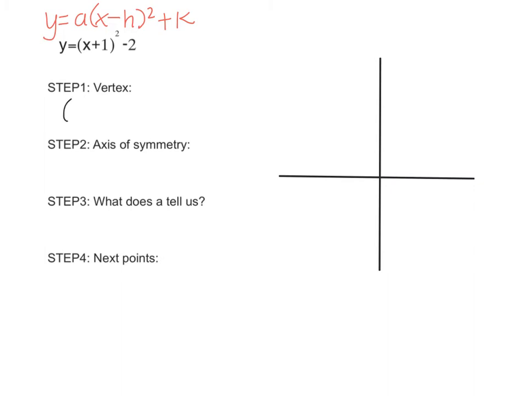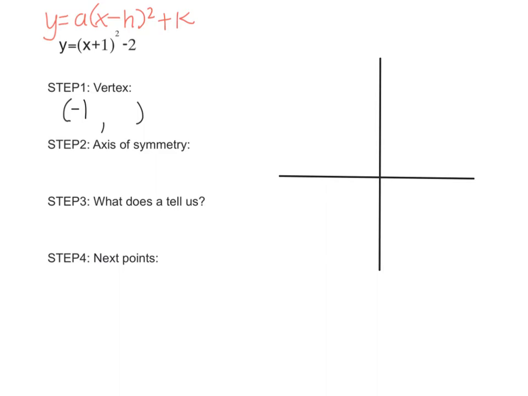Remember, our vertex is an ordered pair, and our ordered pair is h, k. Now we like to think of it as the opposite of h because we see this positive sign and we want the number to be positive, but our formula tells us it's supposed to be negative. So the number that gave us a positive 1 is actually a negative 1.